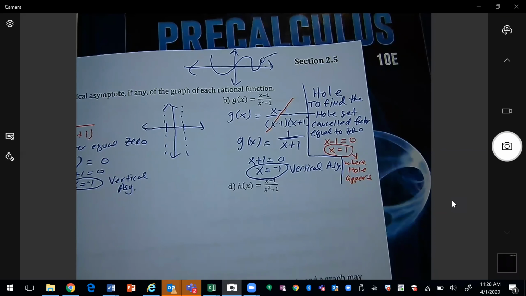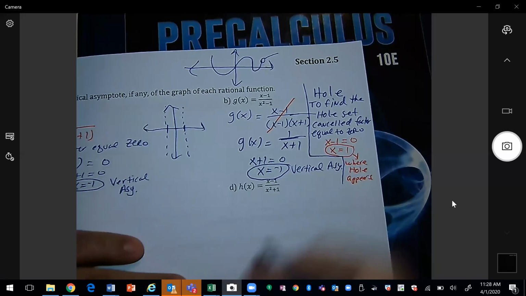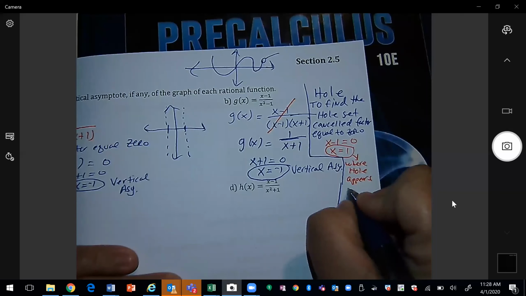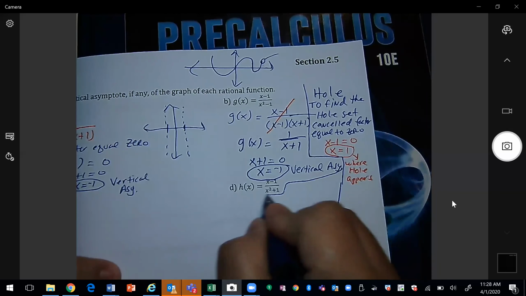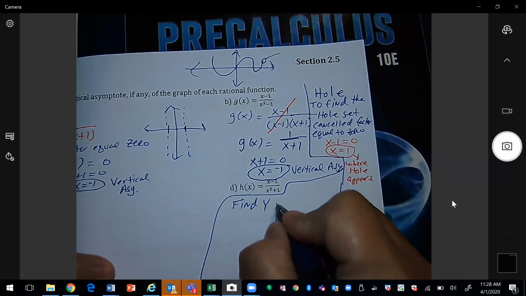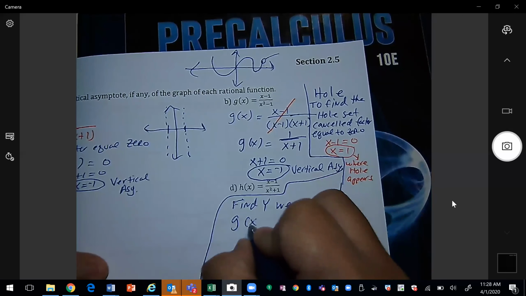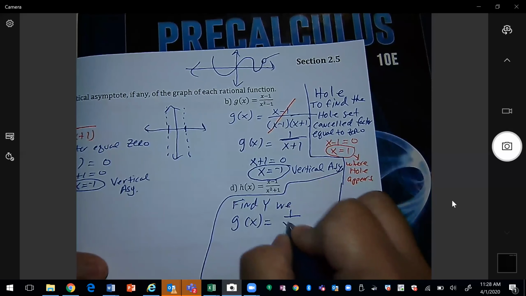But we want to know the exact location on the graph, so since we already know what x is, we need to find out what y is. So to find y, let me just come over here on this side. To find y, we take our function after we cancel the factors.